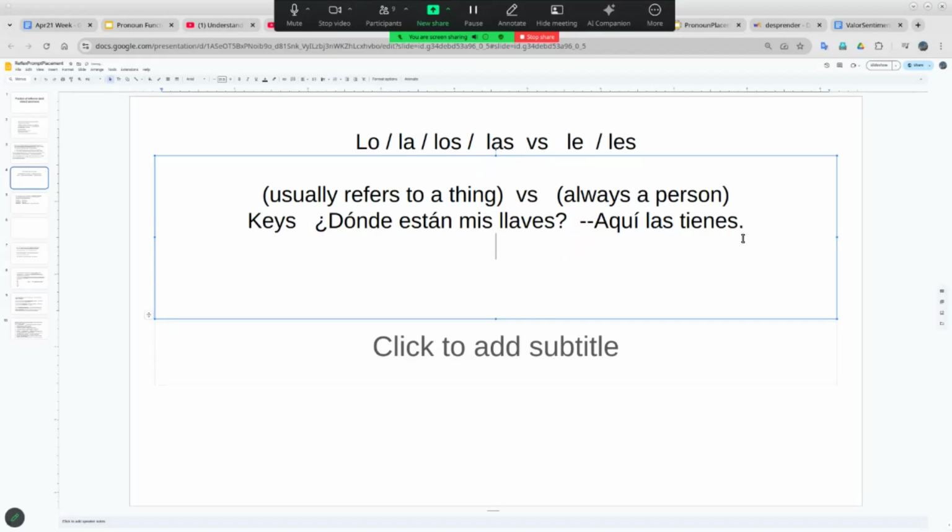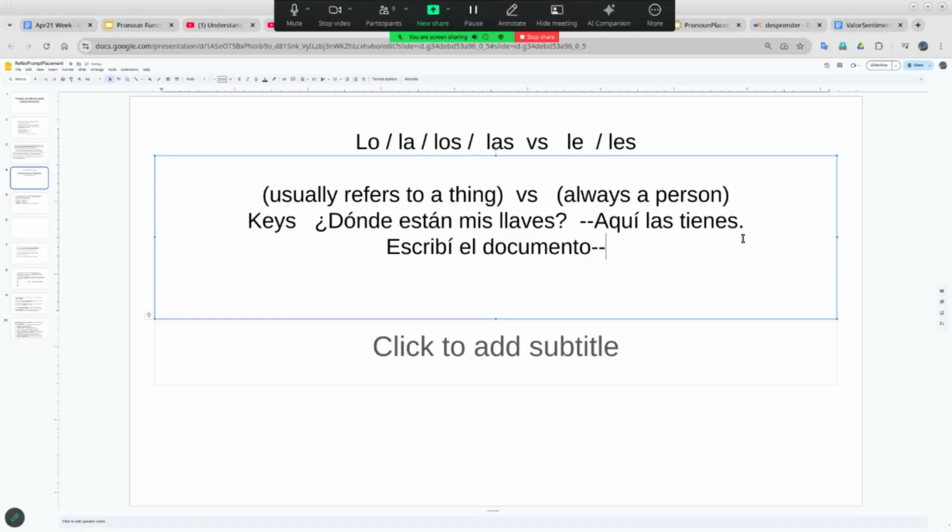Or let's say it's some document, some paper you had to fill out at some office. You hand it over and you say to the person, escribí, I wrote, escribí el documento. I wrote the document out, and you're handing it to whoever is handling your document.